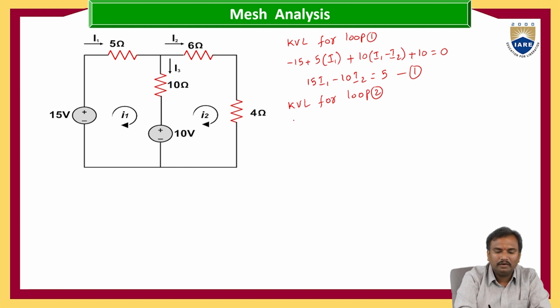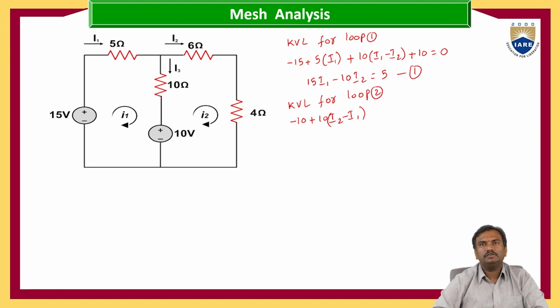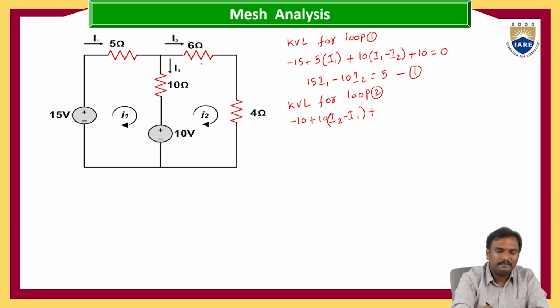That is minus 10 plus 10 into I2 minus I1, because I2 current has higher magnitude and I1 current is in the opposite direction. 10 into I2 minus I1 plus, here the current flowing through 6 ohms is only I2 current, 6 into I2 plus 4 into I2, which is equal to 0.